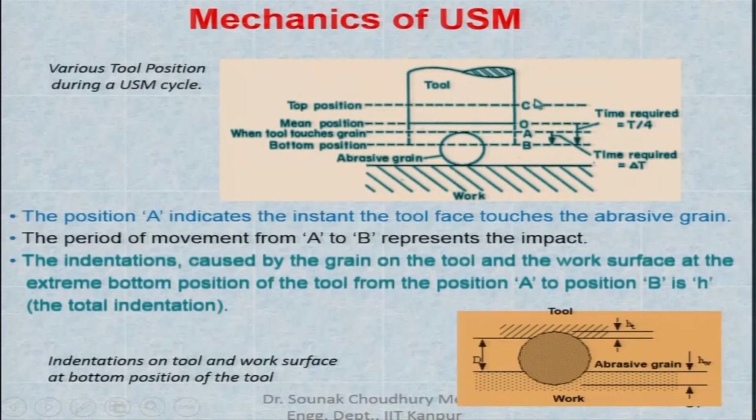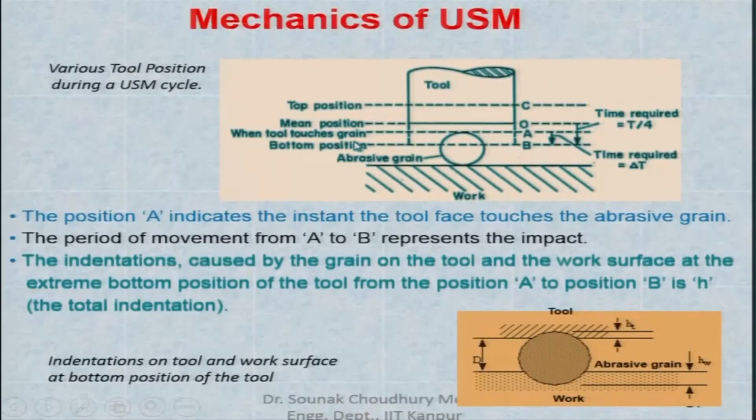This is the diagram. We will not go into great detail, but this diagram is necessary to understand for assessing how much work material will be removed. To simulate, meaning if you do not have the process and you want the maximum or an optimum material removal rate or the optimum parameters, you can go for simulation.